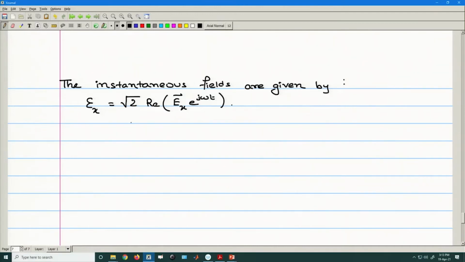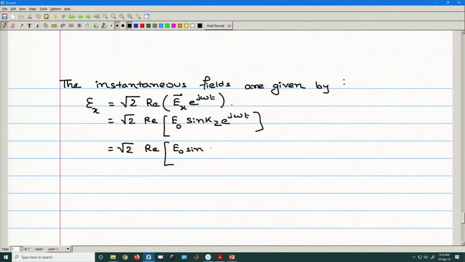Okay, so we can write it as root 2 real part of Ex, where we got Ex as E naught sin kz. So in place of Ex we will write E naught sin of kz e to the power of j omega t, that equals root 2 real part of E naught sin kz e to the power j omega t.